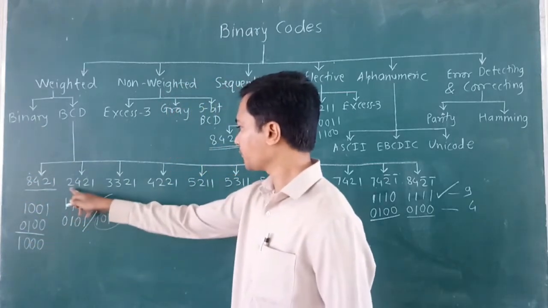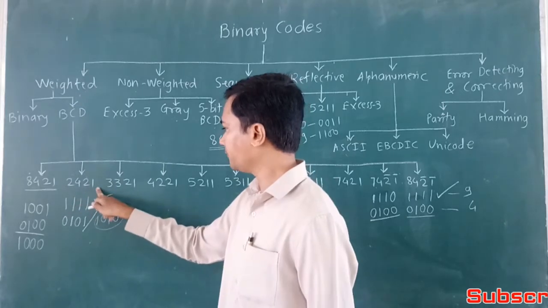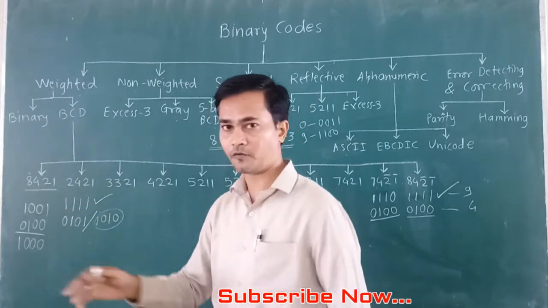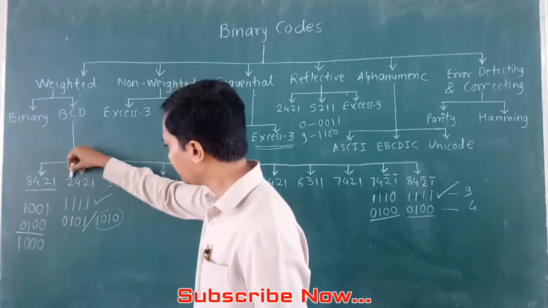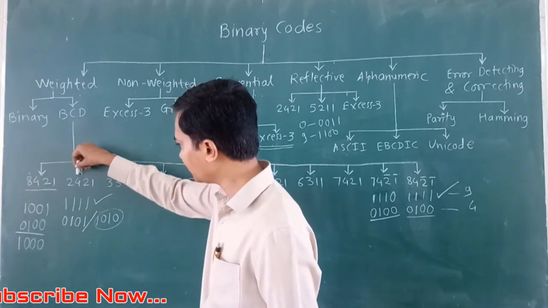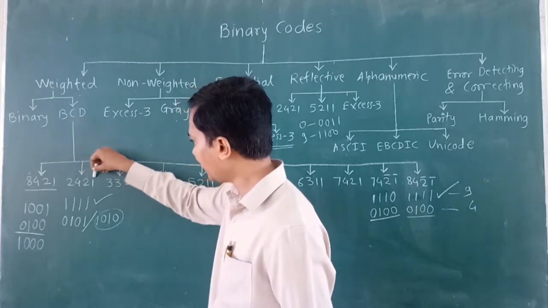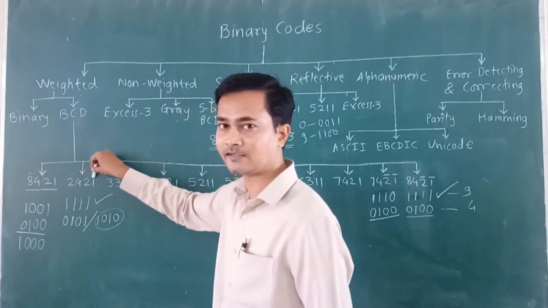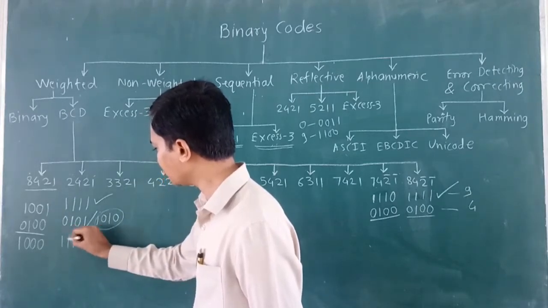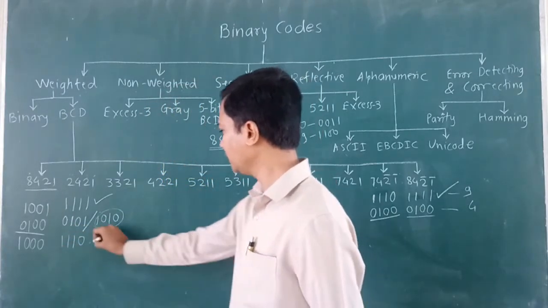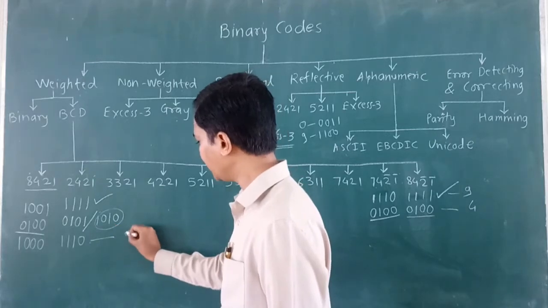But in case of 2421 code, we have to add these digits to form the value 8. So the first three positions should be made 1 and the last position should be made 0. So 1 1 1 0 gives you value 8.